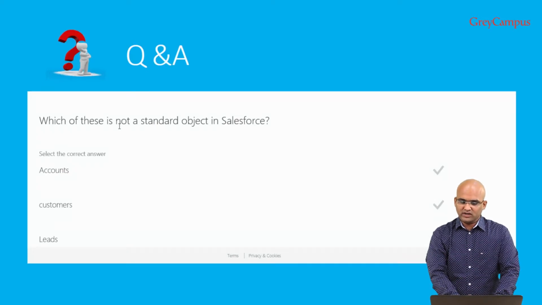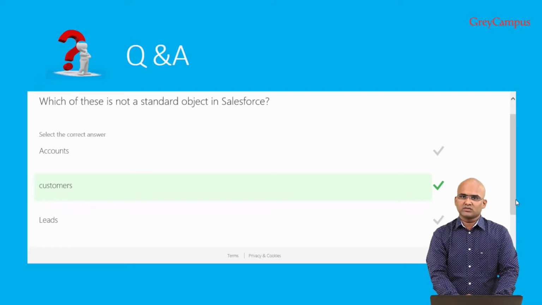Which of these is not a standard object in Salesforce? In a typical CRM process, we have accounts, we don't have customers. Accounts and customers are typically the same. You track all your business customers as accounts. You have leads, the people who are interested in your products.